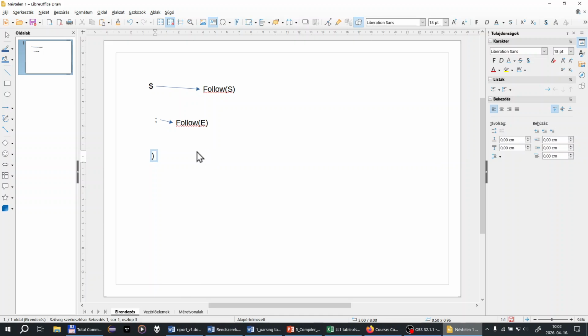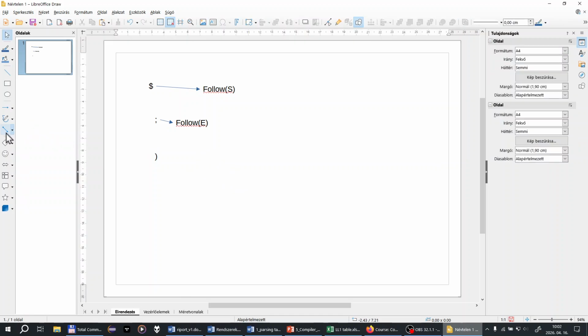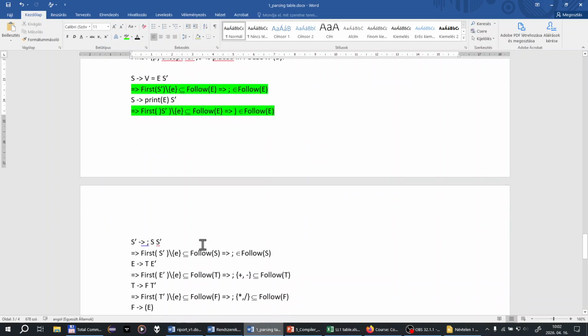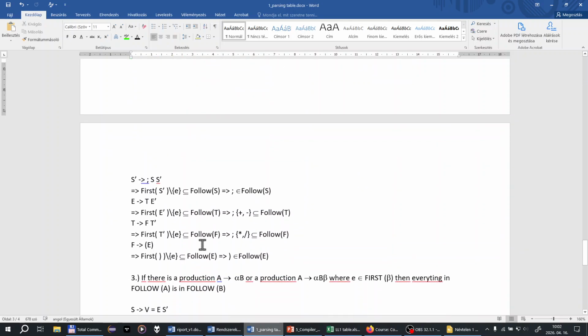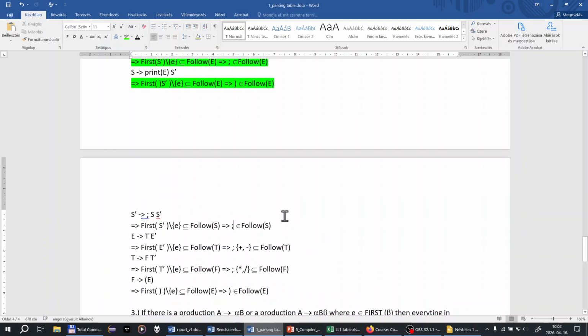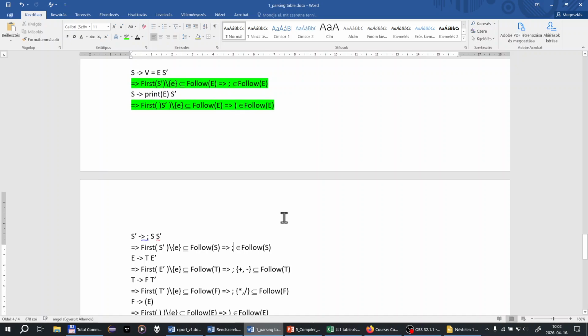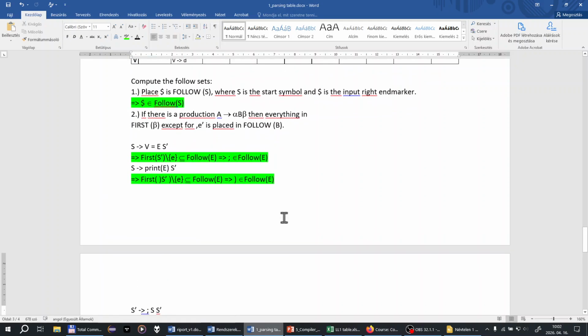Closing bracket, follow E. Okay, go further. Semicolon is an element of follow S. First S prime.